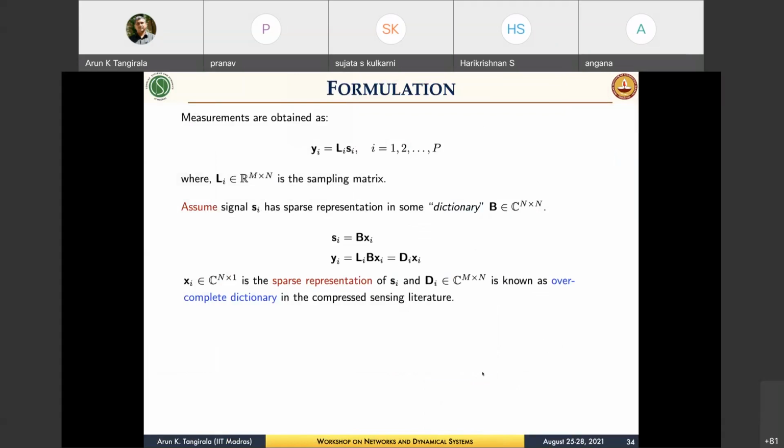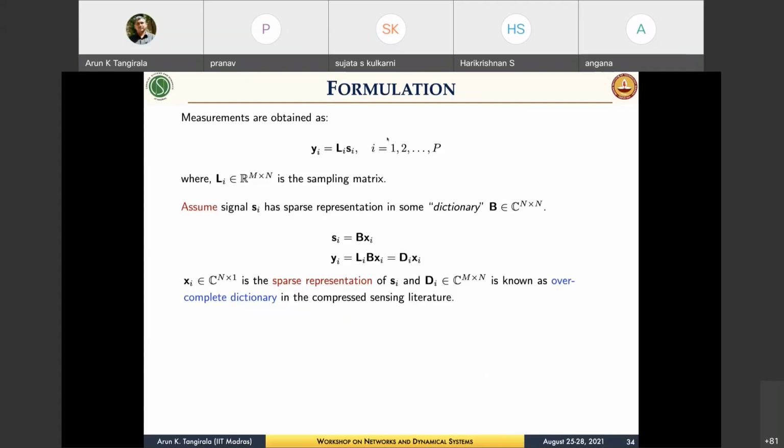One very popular and modern solution is based on the ideas from compressive sensing. For those of you who are familiar with signal processing literature, compressive sensing is a relatively modern field, about 13 years old, that has taken a lot of fields by storm, and it's based on the idea of sparse representations of signals.